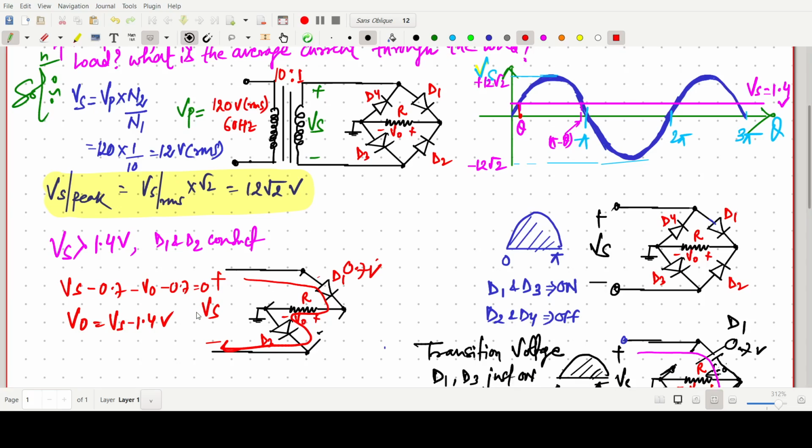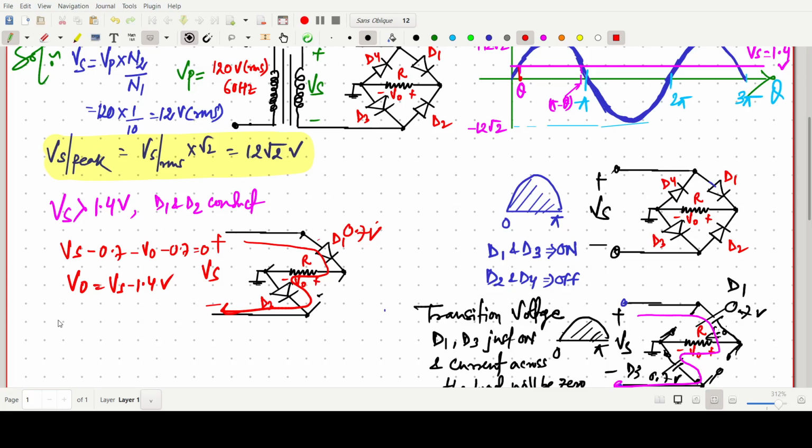So the peak value of the output voltage will be Vs peak minus 1.4, where Vs peak is 12 root 2. So 12 root 2 minus 1.4, if we solve, comes to 15.57 volt.